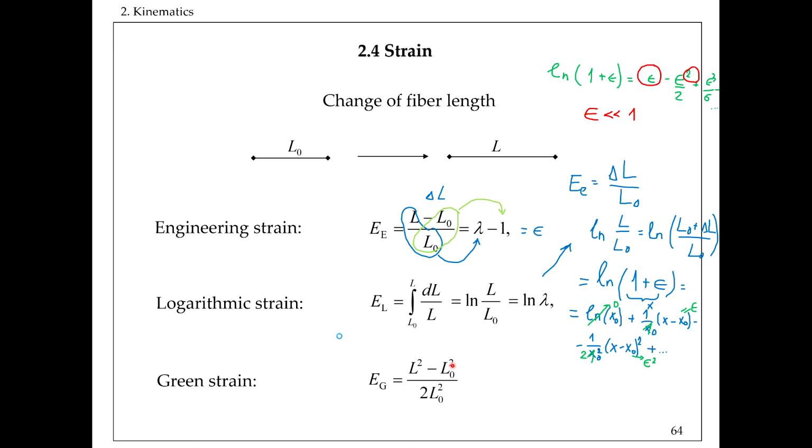And so we have L squared minus the L0 squared of the initial length, divided by 2 L0 squared. And note that there is a factor of 2 which is important again for us. And as you can see, also this one we can show should reduce to the engineering strain when the change in the length becomes very small.